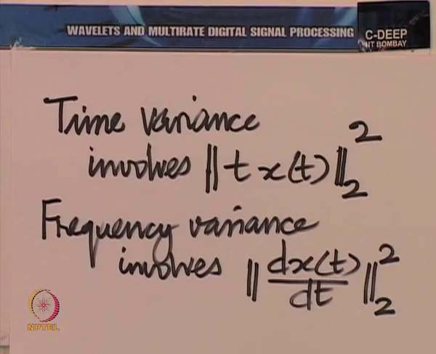Now, x(t) or mod x(t) squared, as I said, is indicative of, in some sense, the presence of that mass or that body on t. So, dx(t)/dt is indicative of the movement of that body, the change with respect to time. So, here in some sense it is indicative of a change. So, in a broad sense you can see the connection between position and momentum, uncertainty in where it is and uncertainty in how it changes.